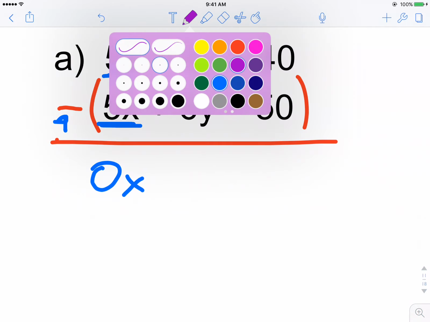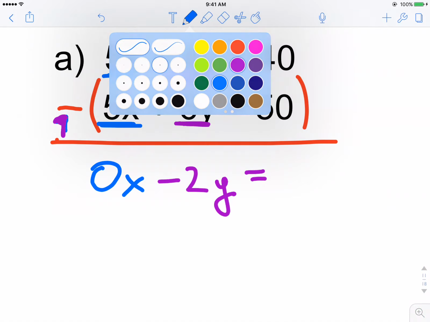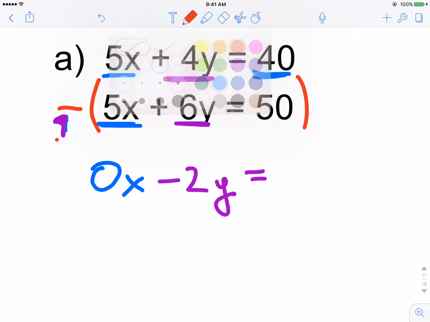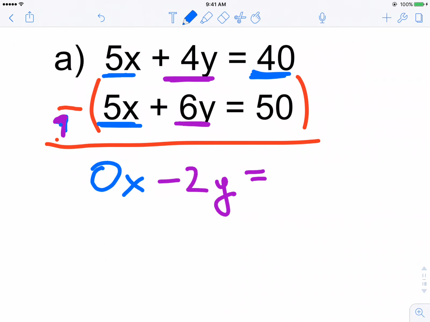And then I go 4y minus 6y. 4 minus 6 is a minus 2y equals 40 minus 50. 40 minus 50, negative 10. I messed up my line there.